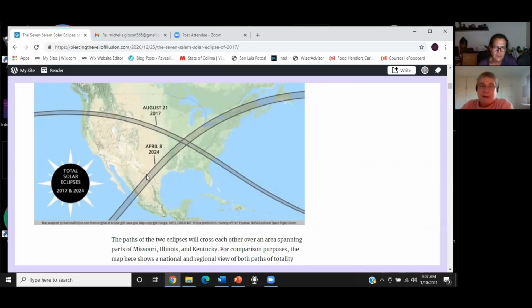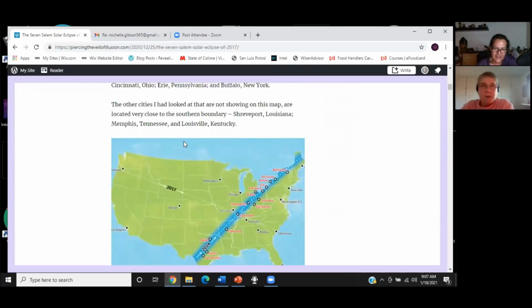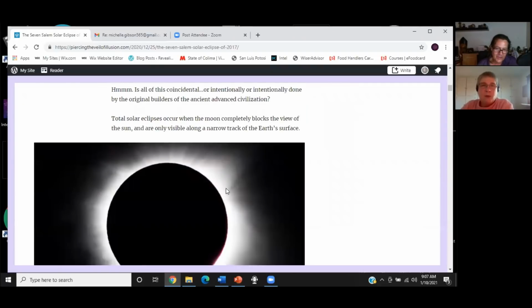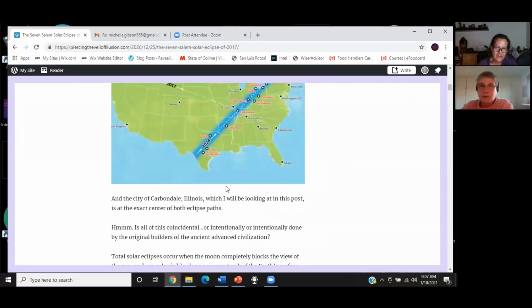Wow. And so it gets better. They both cross at the same location, which is in and around Carbondale, Illinois. There's so many synchronicities in this. It's mind blowing. So along these basically sun lines, they're actually the lines that you're finding.